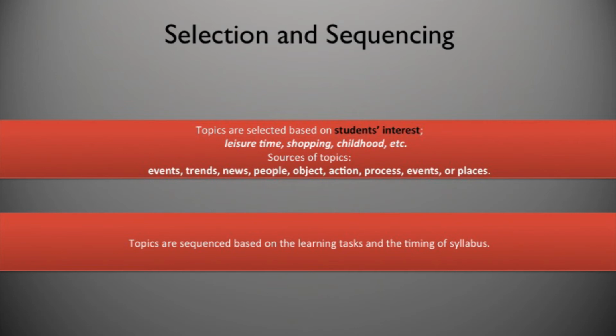And the source of topics could be taken from events, trends, news, people, or places. In sequencing the topics to be included in the syllabus, topics are sequenced based on the learning tasks and the timing of the syllabus.